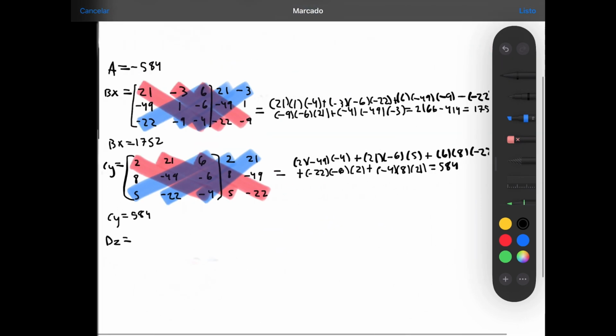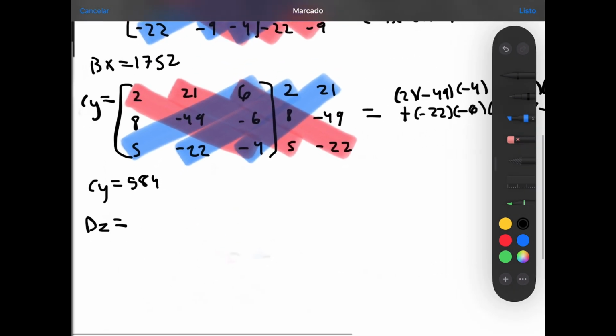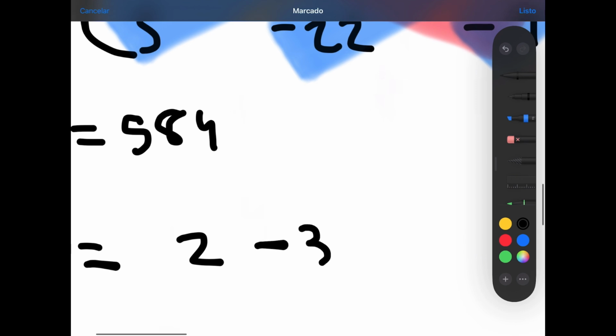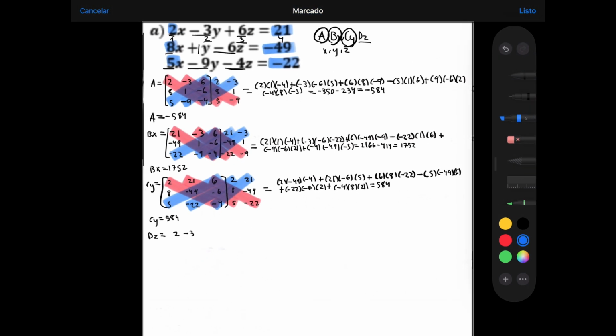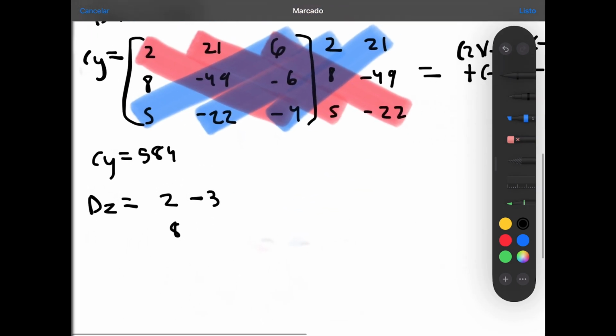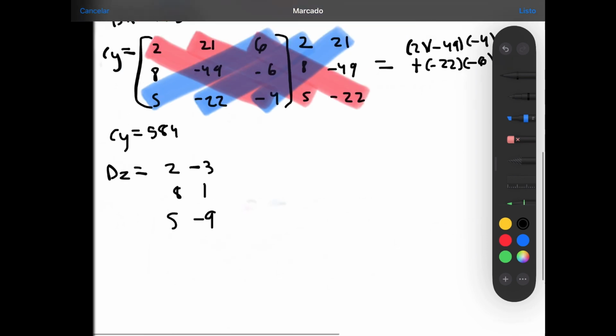First we're going to write the two coefficients: 2, minus 3, then 8 and 1, and 5 and minus 9.